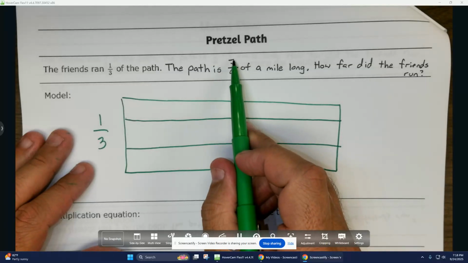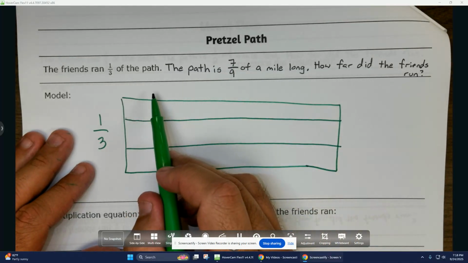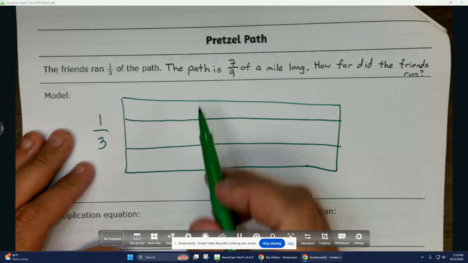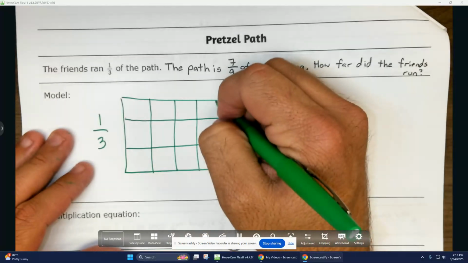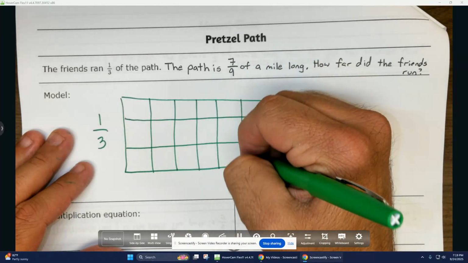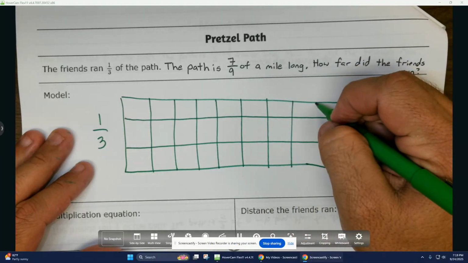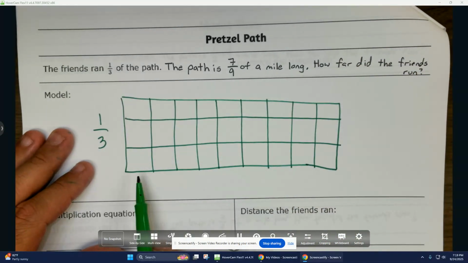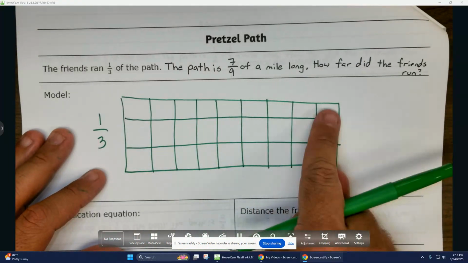They ran 7/9, which means I now have to cut this into ninths, up and down. 1 cut, 2, 3, 4, 5, 6, 7, 8, 9 sections.